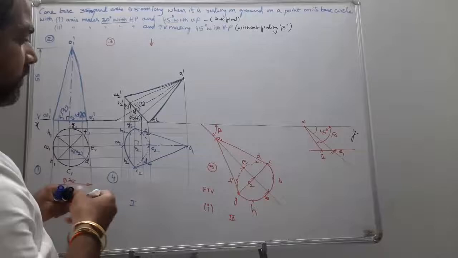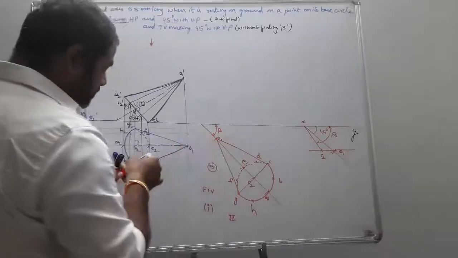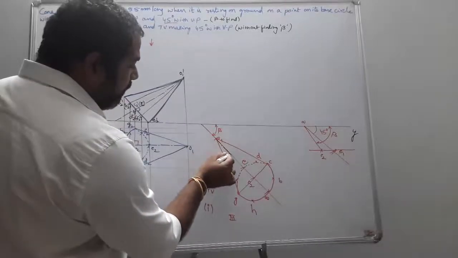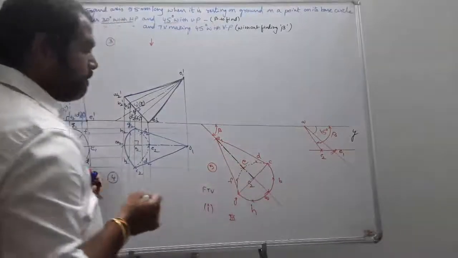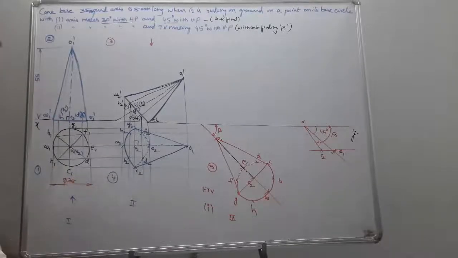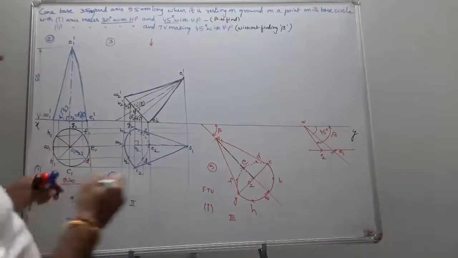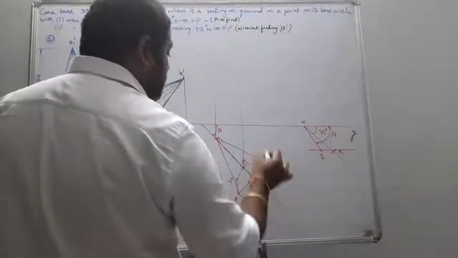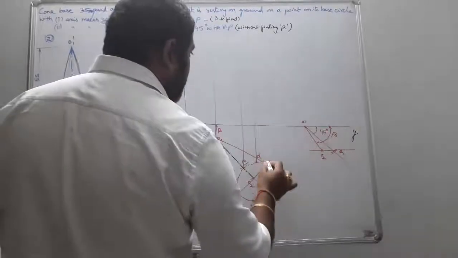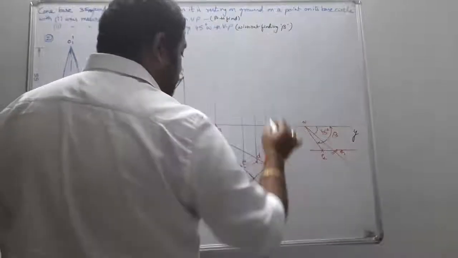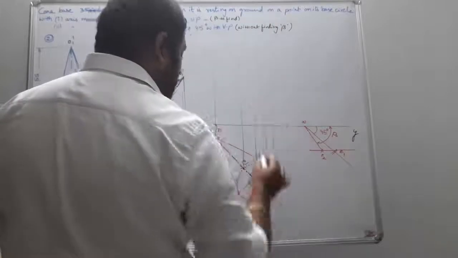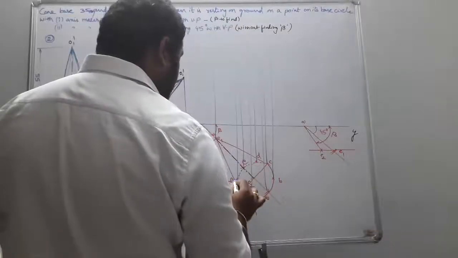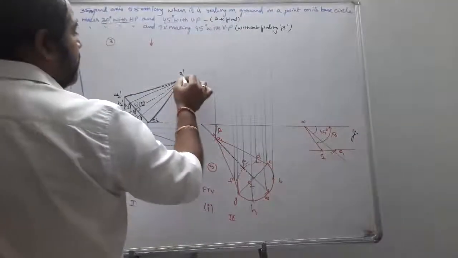So next, what to do? Next we have to represent the axis also. Okay, now draw the vertical projectors from here and draw the horizontals from here.